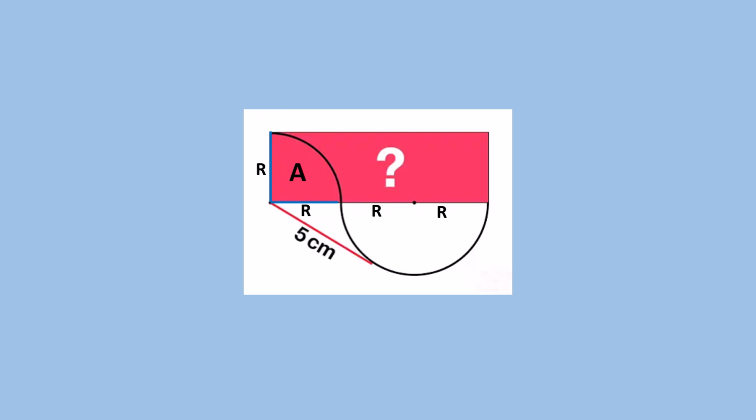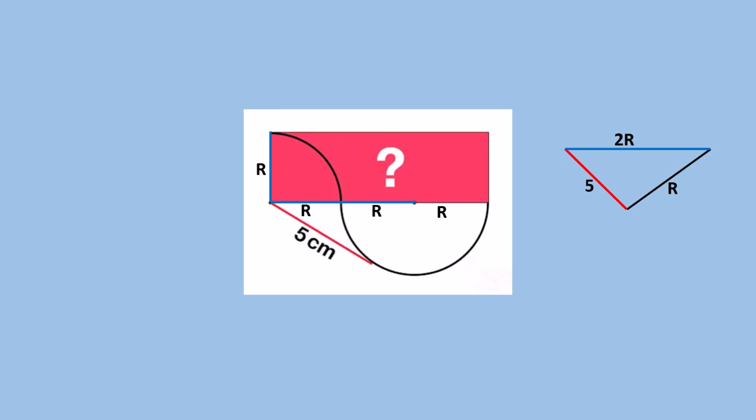So actually the total length of the rectangle is 3R. R is the radius in part A, that is a quadrant, and 2R is the diameter for the semicircle part B. So we mark that, and now let us see how to proceed.